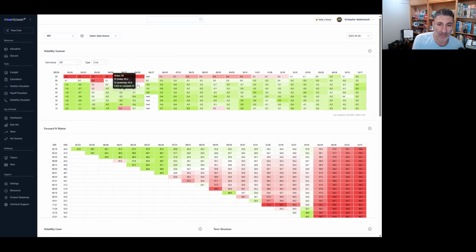So if you look at a 1 month option, today is May 9th, so we'll go up to like 6.13. These vol changes are tiny, right? Like a small vol change of like 0.2. If you wanted to compare the change in a 1 month option versus the change in a 4 month option, say something that's 4 times as long, you would actually divide by the square root of 4.